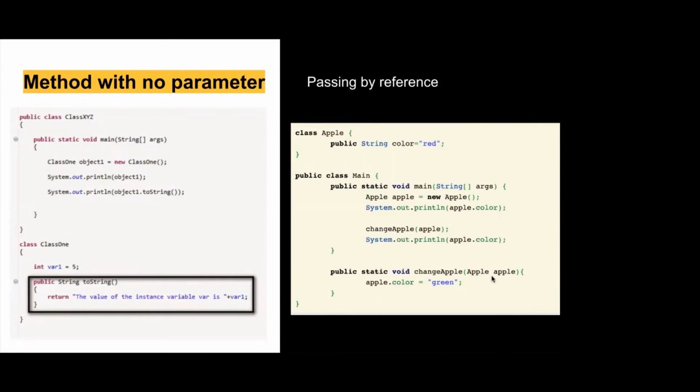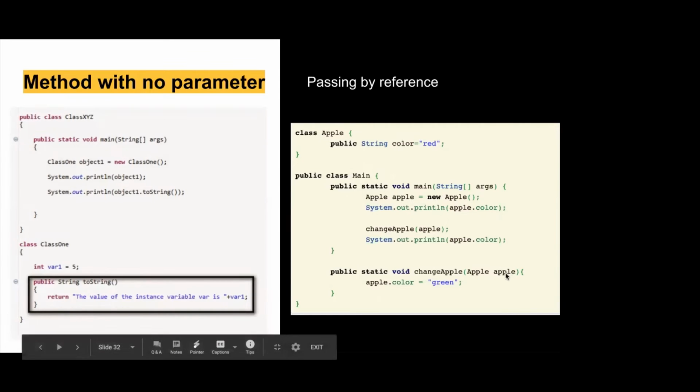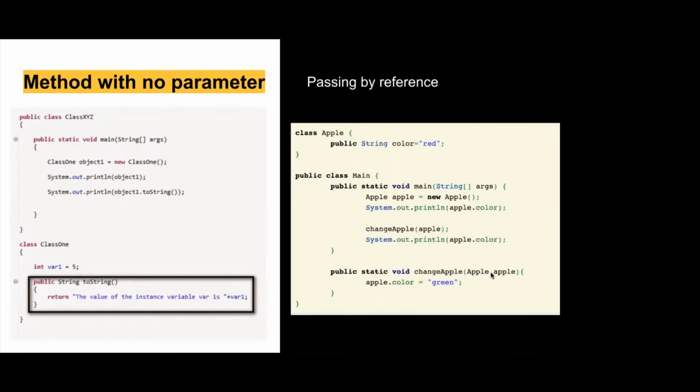And the second apple is the name of the object. Here, it declares apple, just the name of an Apple object of the Apple class, which is capital A.